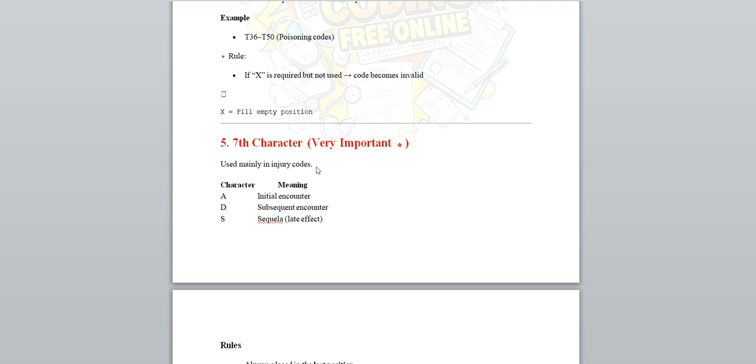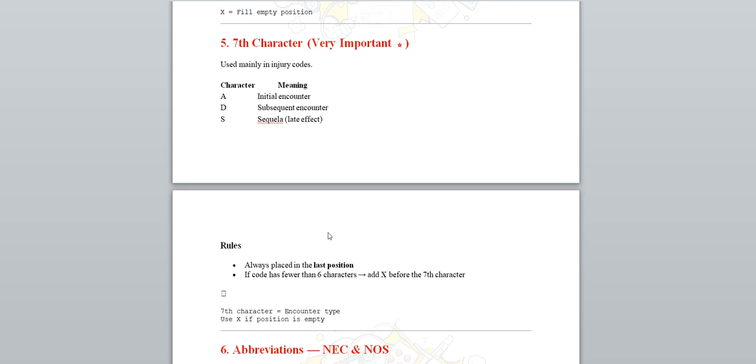It is used mainly in injury codes. So in the seventh character, A denotes initial encounter, D denotes subsequent encounter, and S denotes sequela, the late effect. The rule: the seventh character A, D, or S is always placed in the last position. So if a code has fewer than 6 characters, add X before the seventh character.